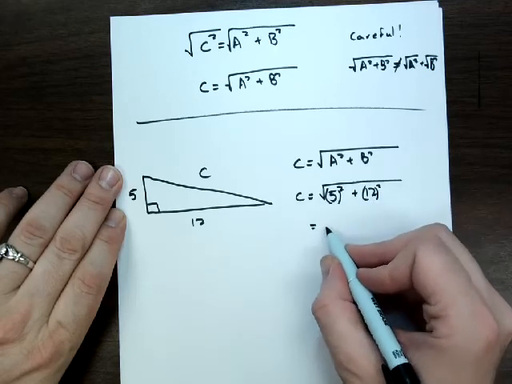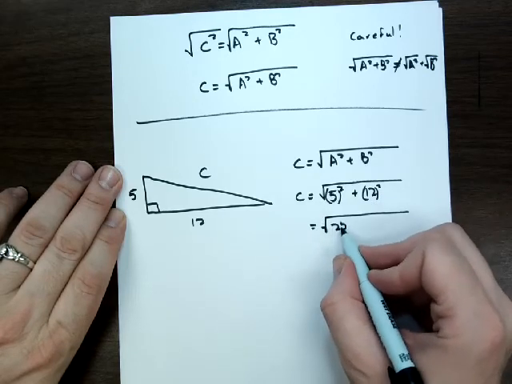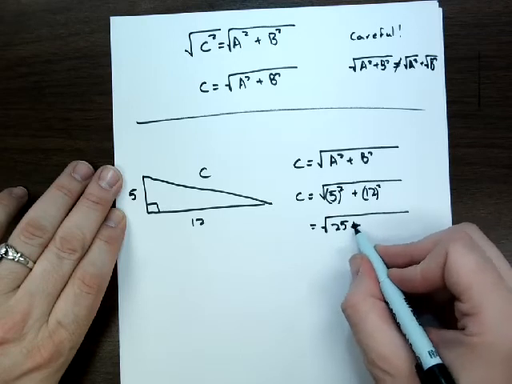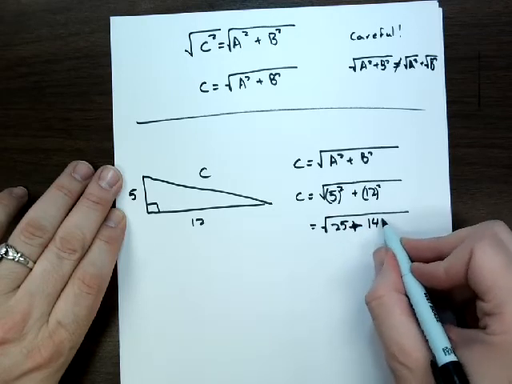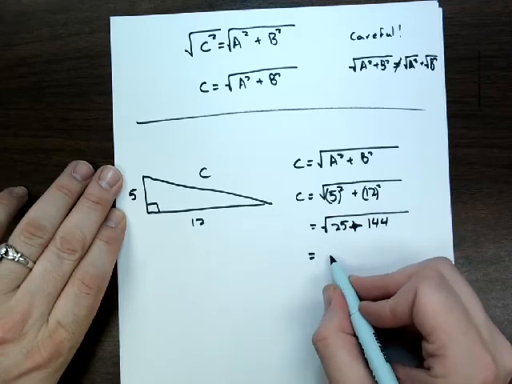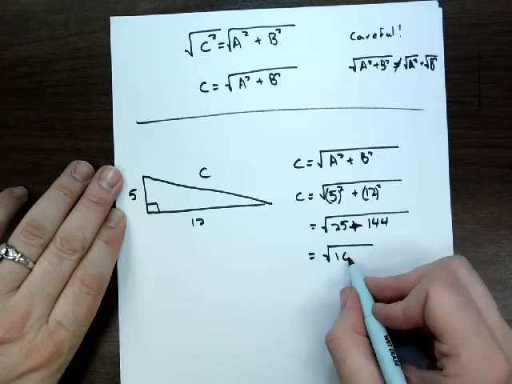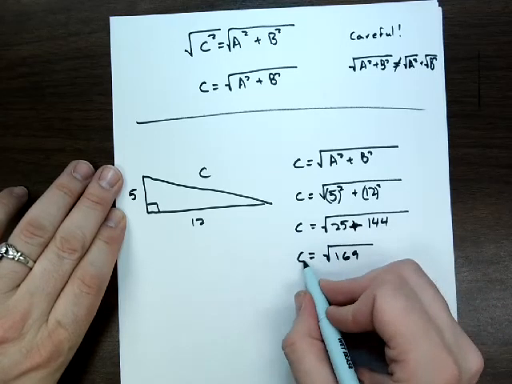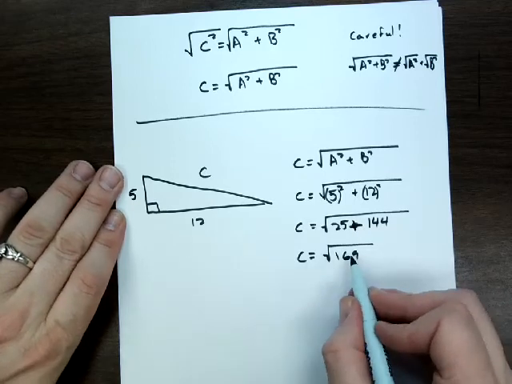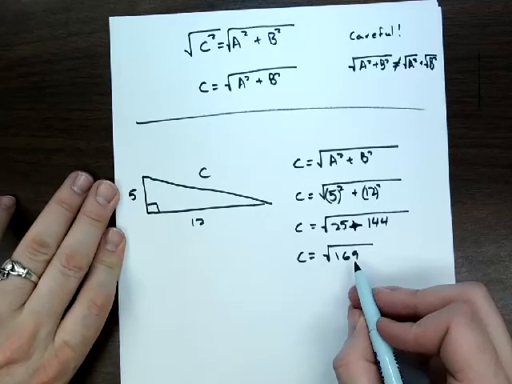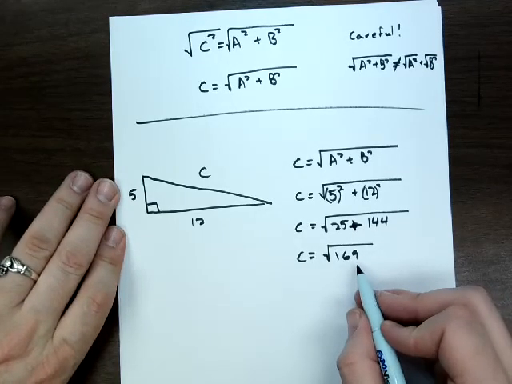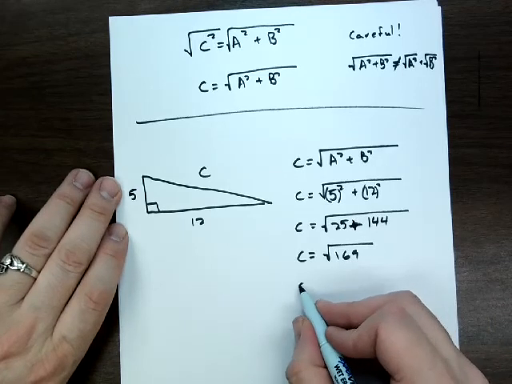That's going to be the square root of 25 plus 144, or the square root of 169. There is a number that squared is 169, and that number is 13.